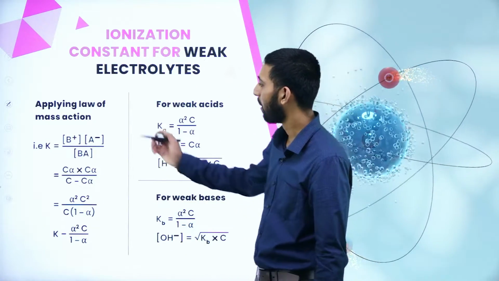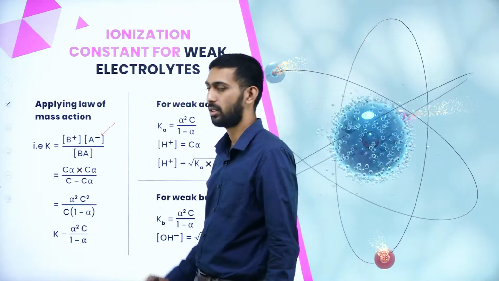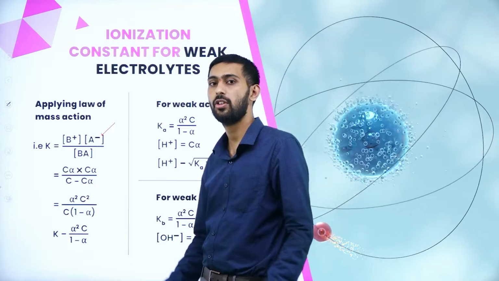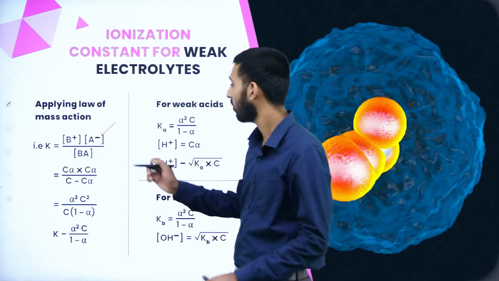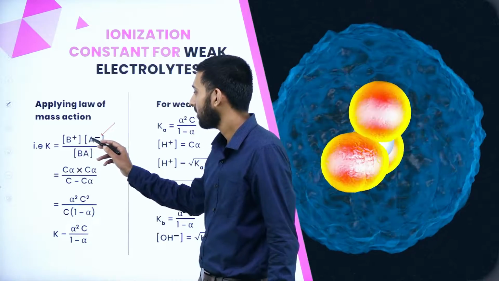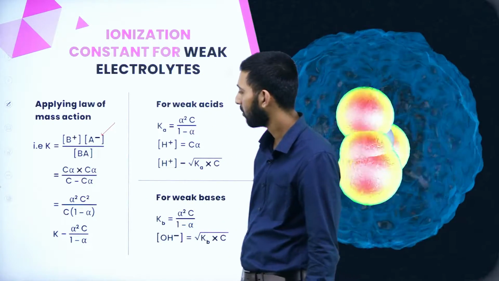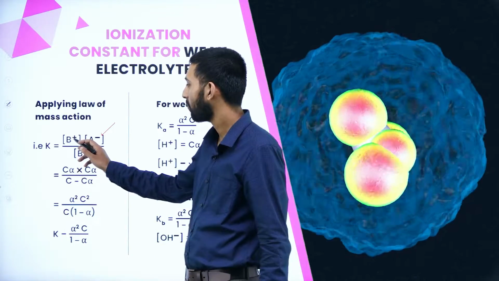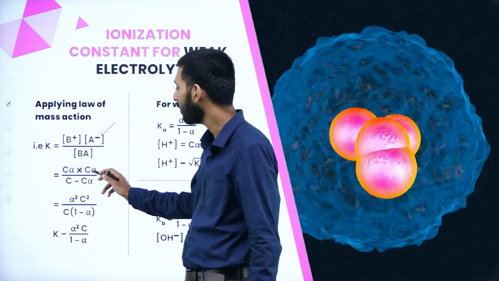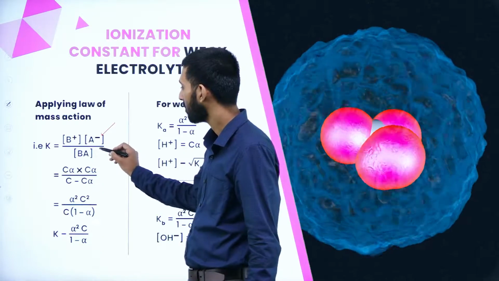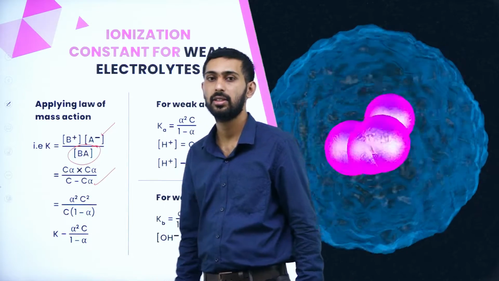Now applying the law of mass action, we know that K is equal to the concentration of products divided by the concentration of reactant. So K is B plus times A minus divided by the concentration of BA. After that, the concentration of B plus can be represented by C alpha, A minus is C alpha, and the concentration of undissociated BA is C minus C alpha.